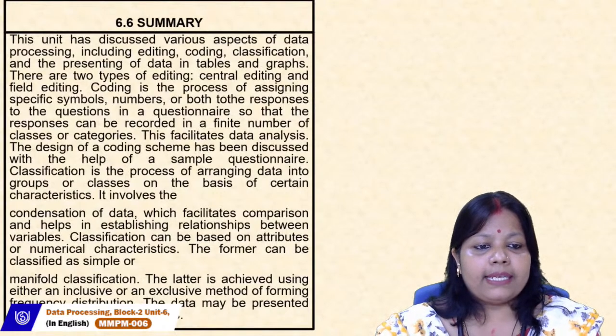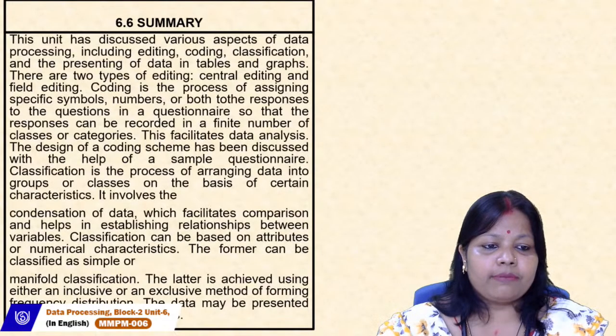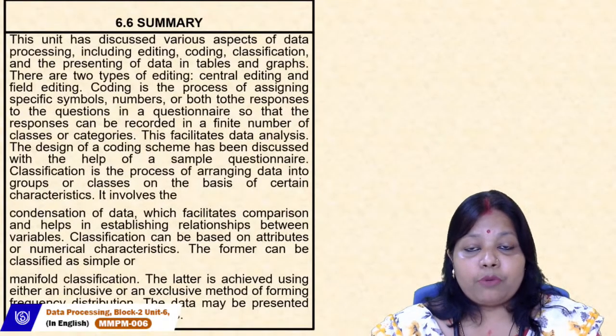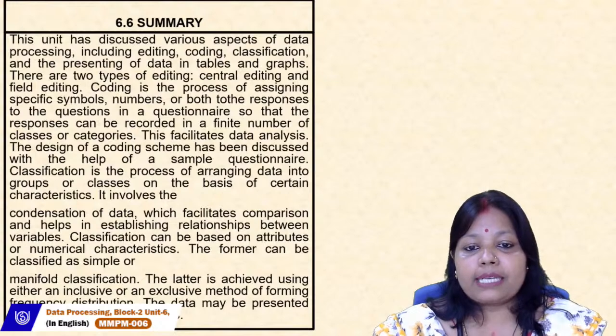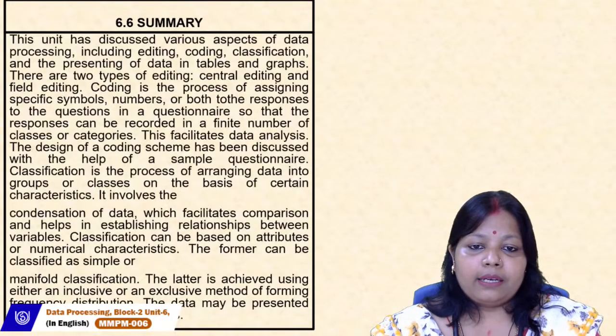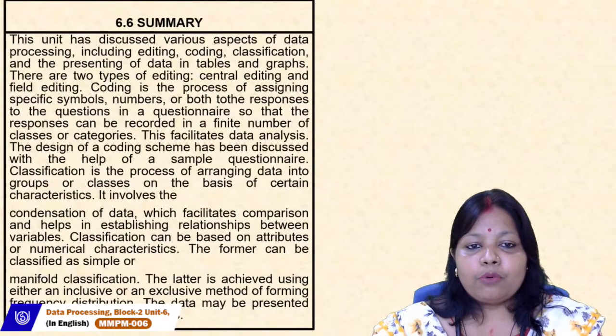It involves the condensation of data, which facilitates comparison and helps in establishing relationships between variables. Classification can be based on attributes or numerical characteristics. The former can be classified as a simple or a manifold classification, and the latter is achieved using either the inclusive or exclusive method, which is mostly required when using statistical tools and techniques, like calculation of averages, medians, modes, or correlations among variables.